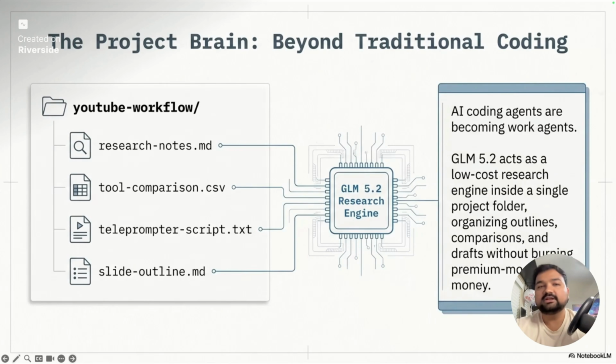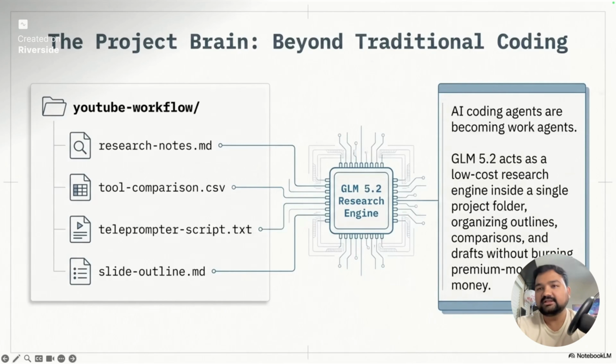If I am a creator making a YouTube video, I can keep everything in one folder: research notes, tool comparison, teleprompter script, slide outline, description, hashtags, and thumbnail ideas. Everything lives in the same project. Now when GLM 5.2 is connected to Claude, it can help me organize the workflow at a lower cost. It can summarize research, create outlines, compare tools, generate drafts, and keep the content pipeline moving smoothly.